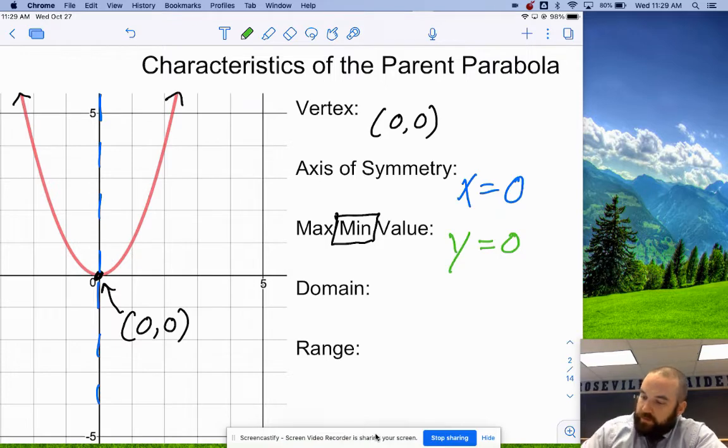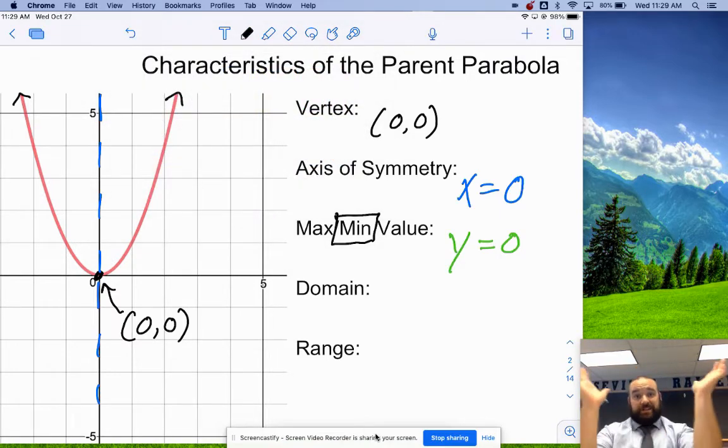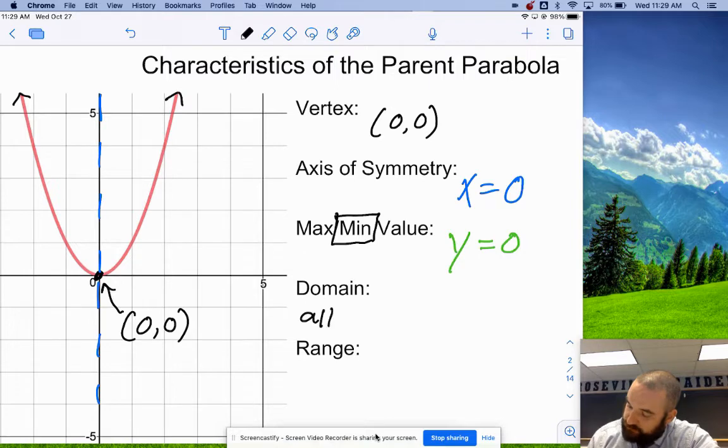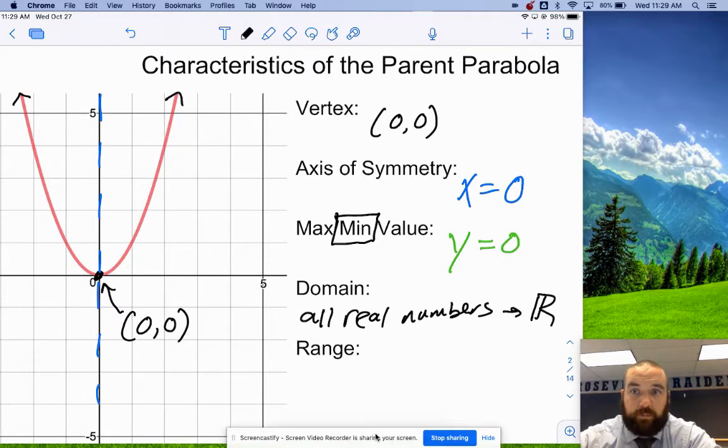So the domain is the list of all x-coordinates that the graph will hit. But because the parabola is continuing in both the right and the left direction, the domain is going to be all real numbers. And you may have seen that all real numbers can be expressed with this double R symbol. Okay. And then finally the range. Again, you want to take a look at the vertex for the range.